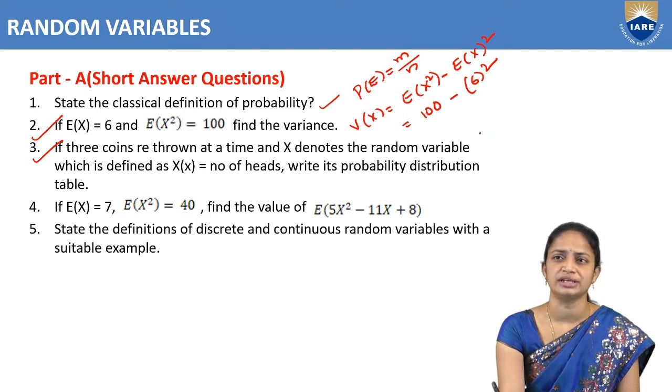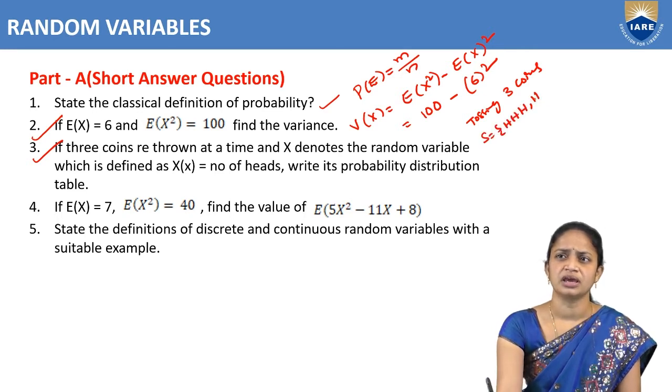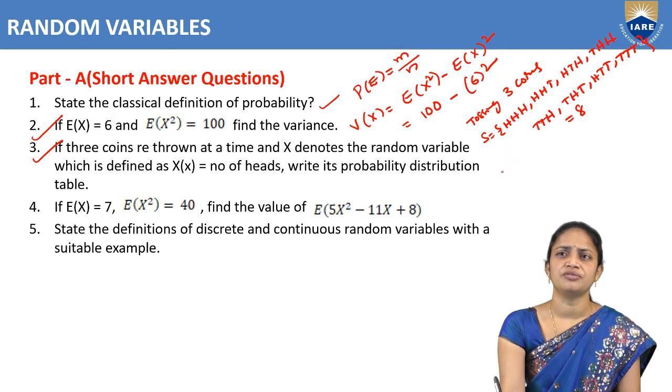The sample space consists of HHH, HHT, HTH, THH, HTT, THT, TTH, TTT. So in total there are 8 possibilities.